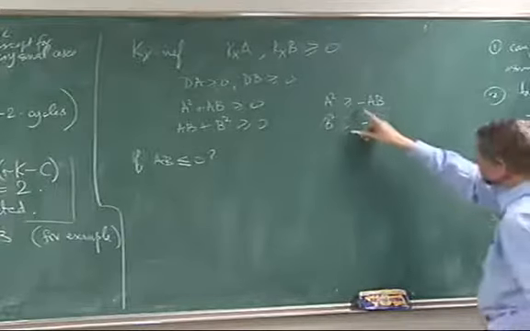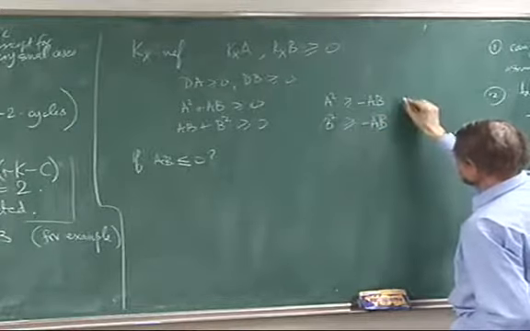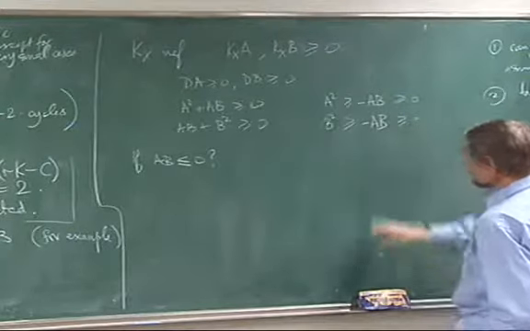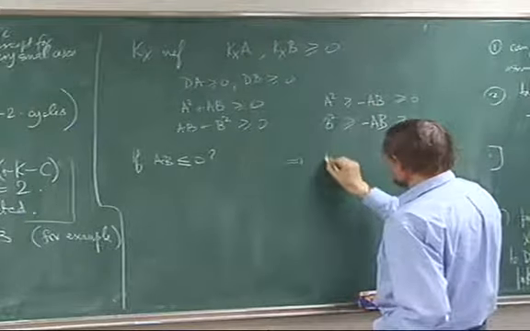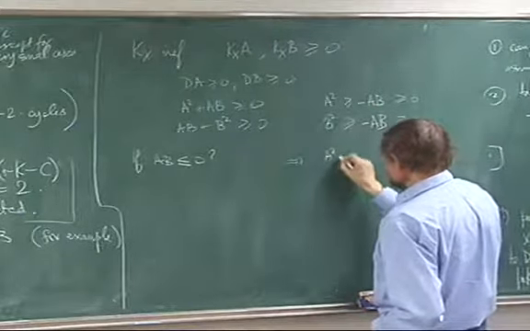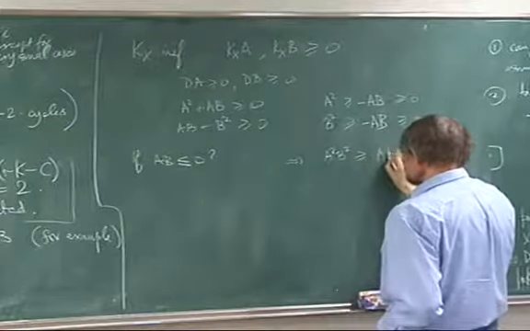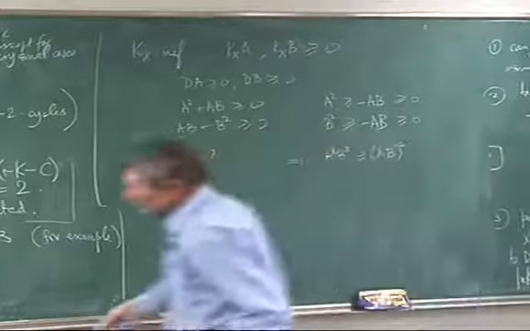If AB is negative or less than or equal to 0, then minus AB is greater than or equal to 0. And if I have inequalities like this, and I can multiply them together, then this implies that A squared times B squared is greater than or equal to (AB) squared. Right. And that contradicts this statement.